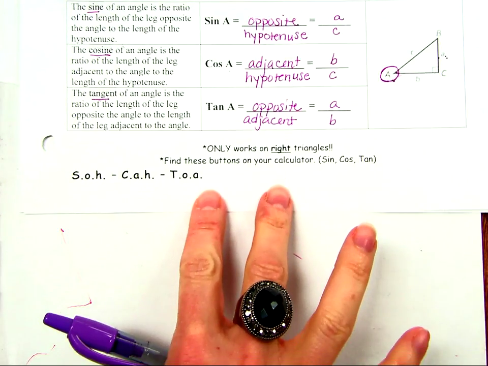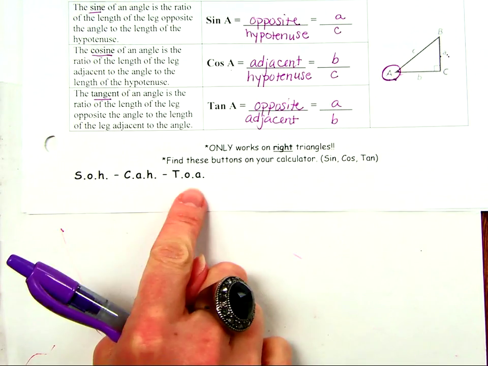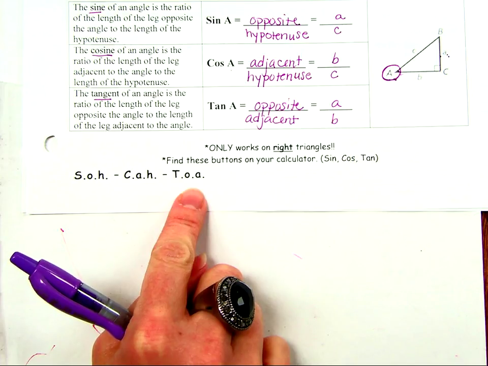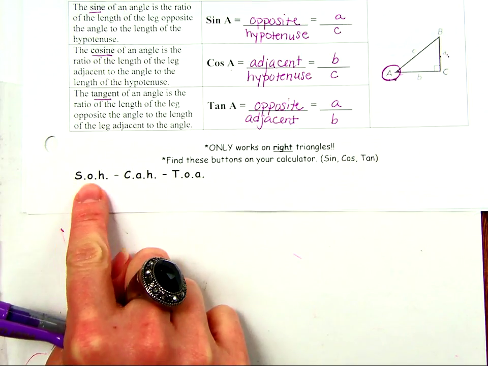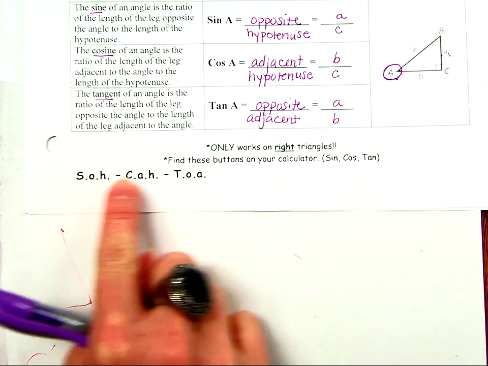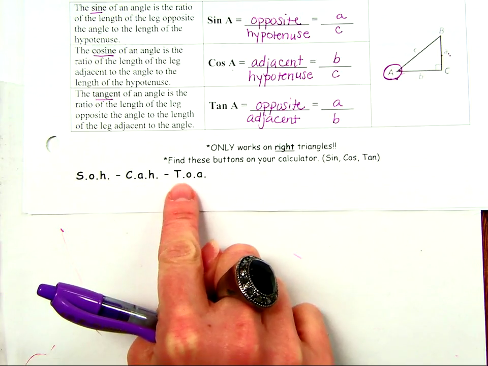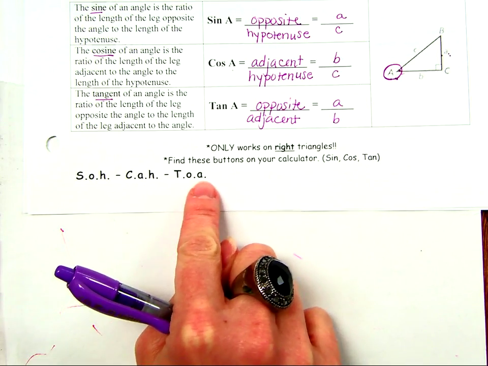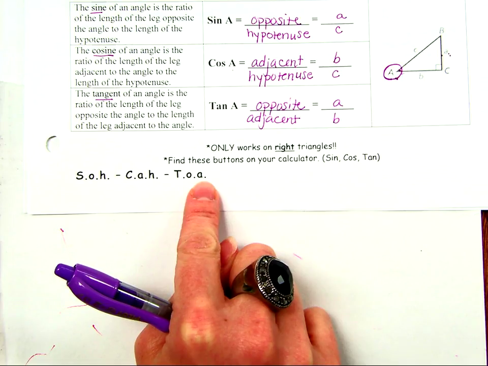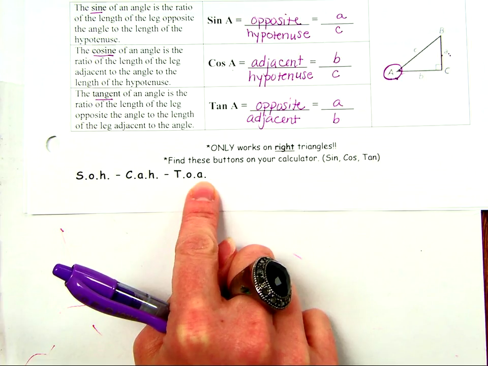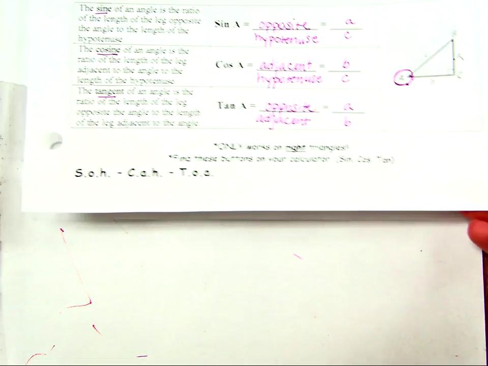We use the saying SOHCAHTOA to help us remember: sine, opposite over hypotenuse; cosine, adjacent over hypotenuse; and tangent, opposite over adjacent. Now, keeping in mind these ratios are only true for right triangles. So, let's practice setting some of these ratios up.